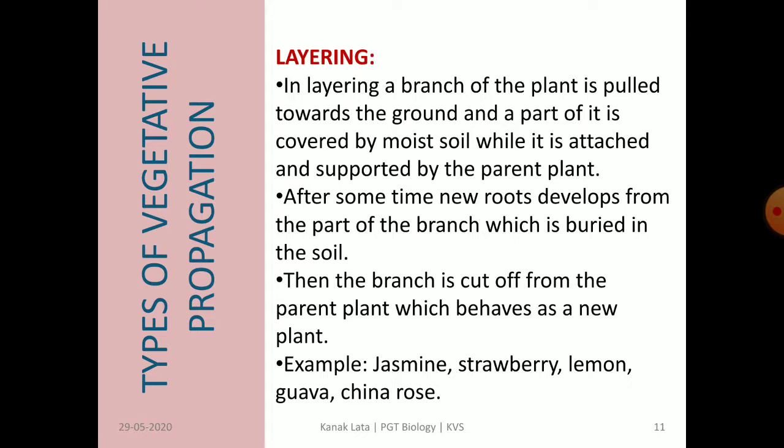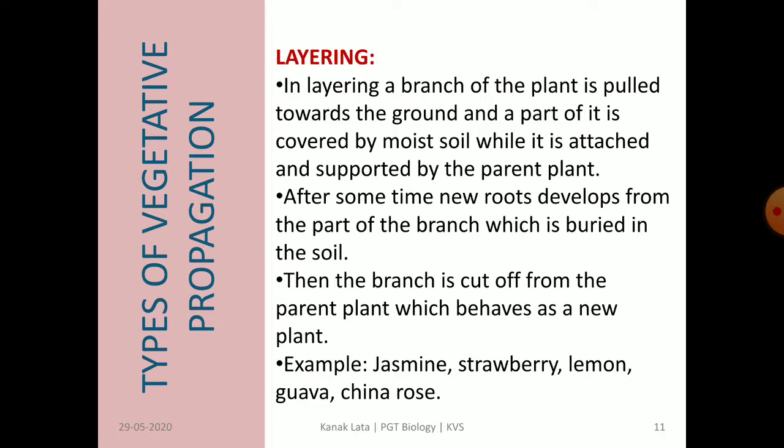After a few days, roots develop from the part of the branch which is buried in the soil. Then the branch is cut off from the parent plant and that behaves as a new plant.